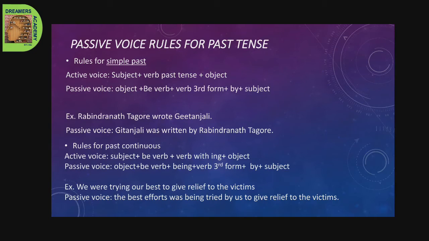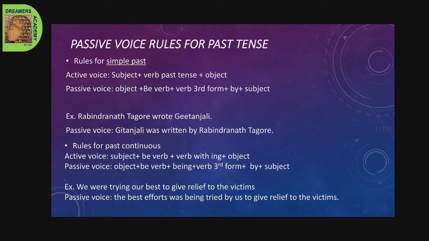The best efforts. In the active voice, it was the best, but that stands for the best efforts. So in converting it to the passive voice, we write the best efforts, and the best efforts is the singular form and it carried the verb was.